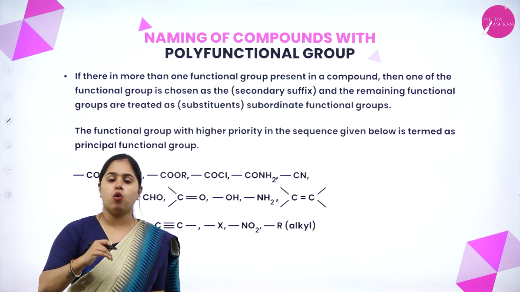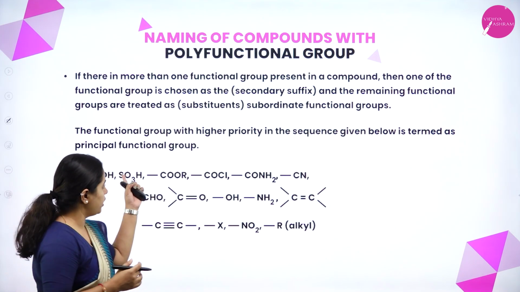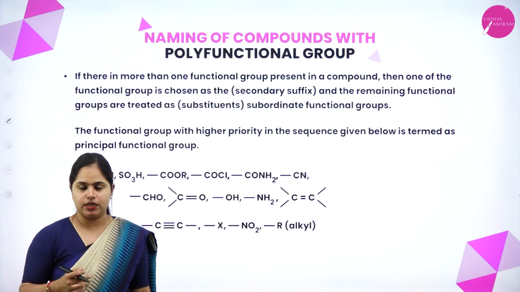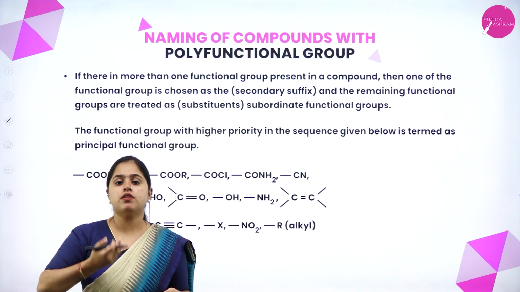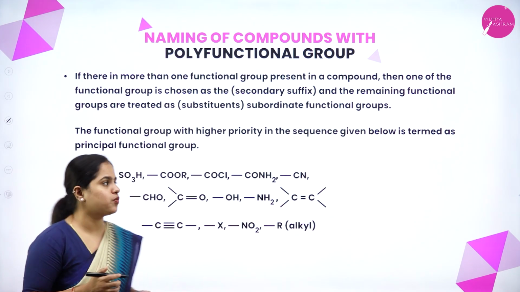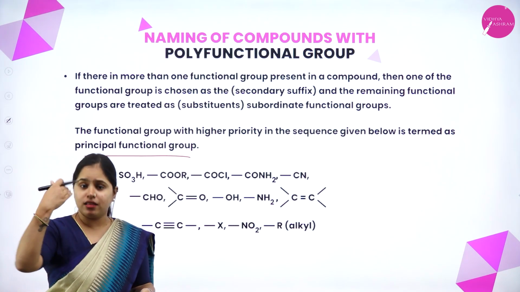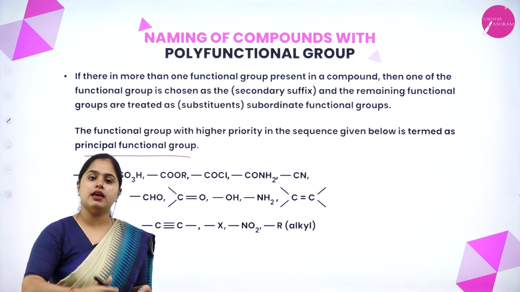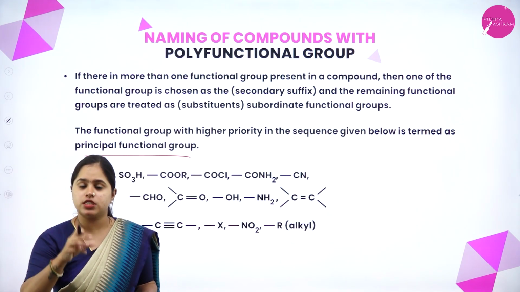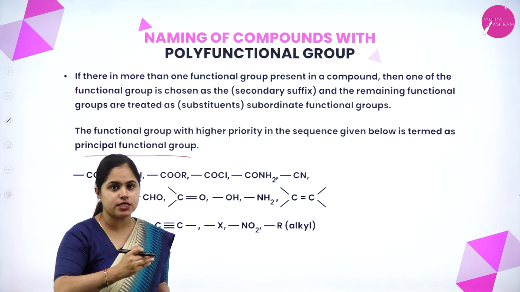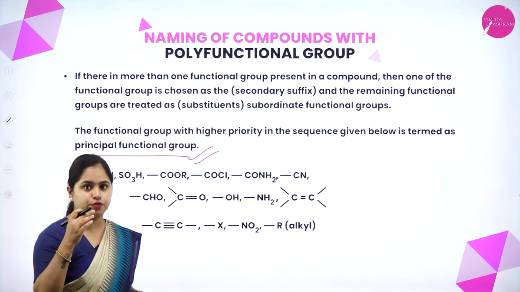So according to the priority list, whichever comes first will be considered the principal functional group, and the other functional groups present will be considered substituents. So the names of those substituents will come in the prefix.